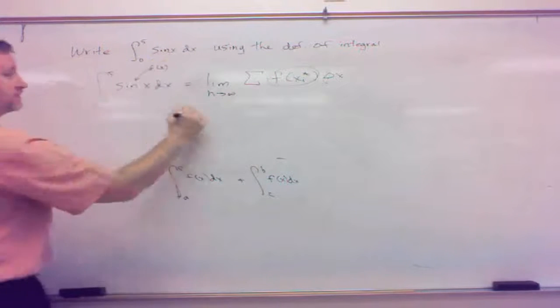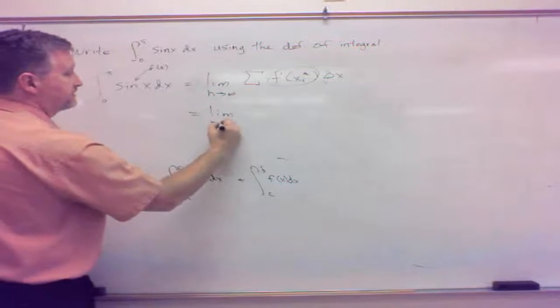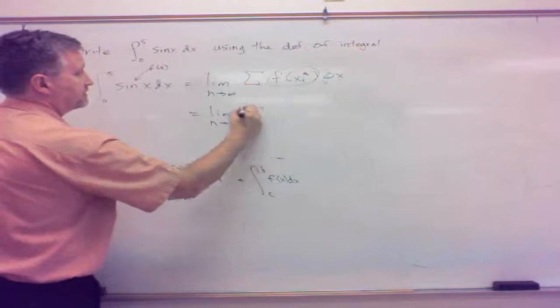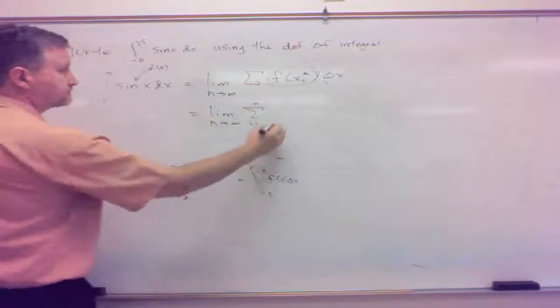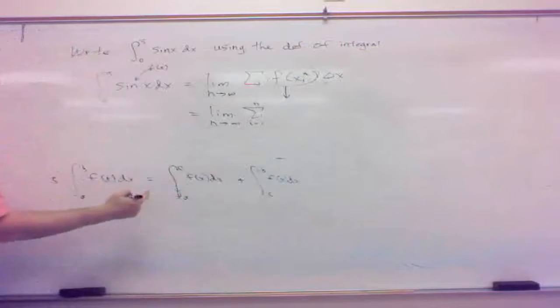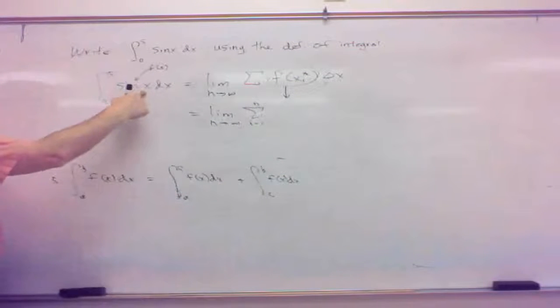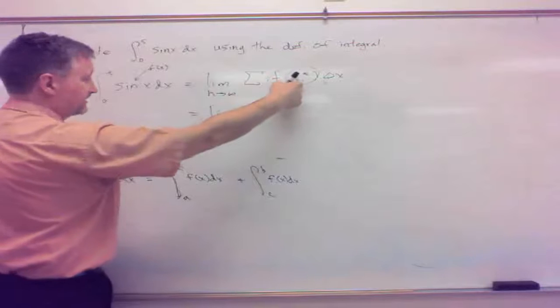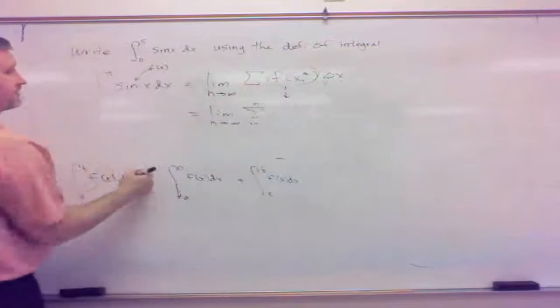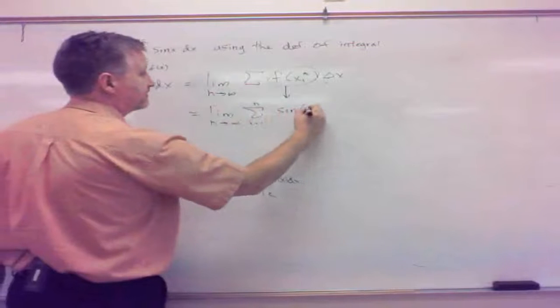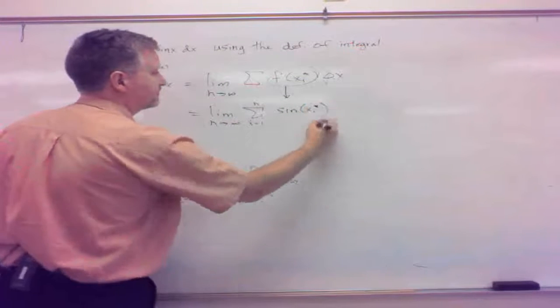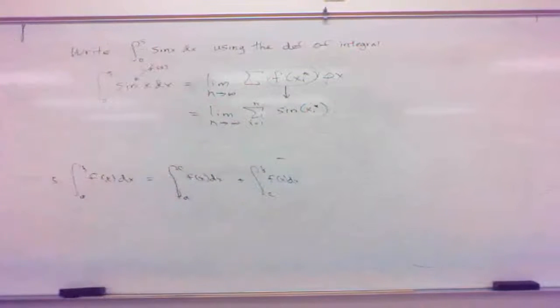Sine of x is my function, so this will be the limit as n goes to infinity. Sum of, and I'll go ahead and put my i equals 1 to n, I forgot that. Yeah, f of x sub i star would be, well, since I don't say left, right, midpoints, or whatever, it's just sine of x sub i star is what that would be, right?